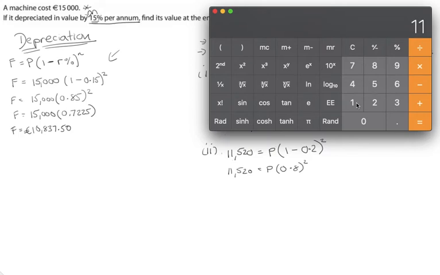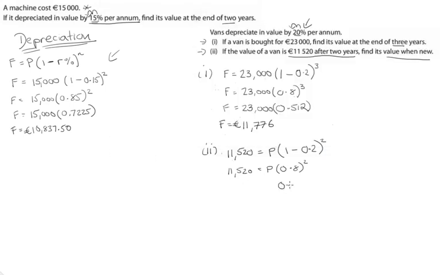First, I have to square the 0.8. 0.8 to the power of 2 equals 0.64. And P is still there, and 11,520.